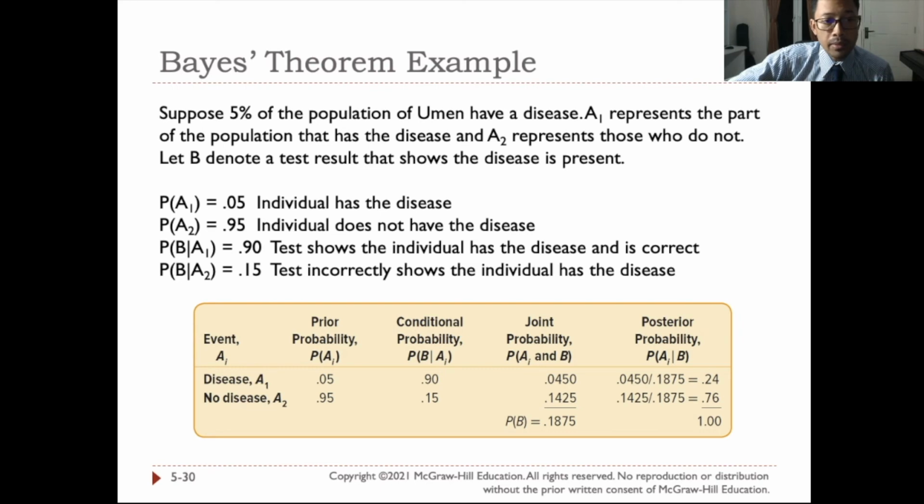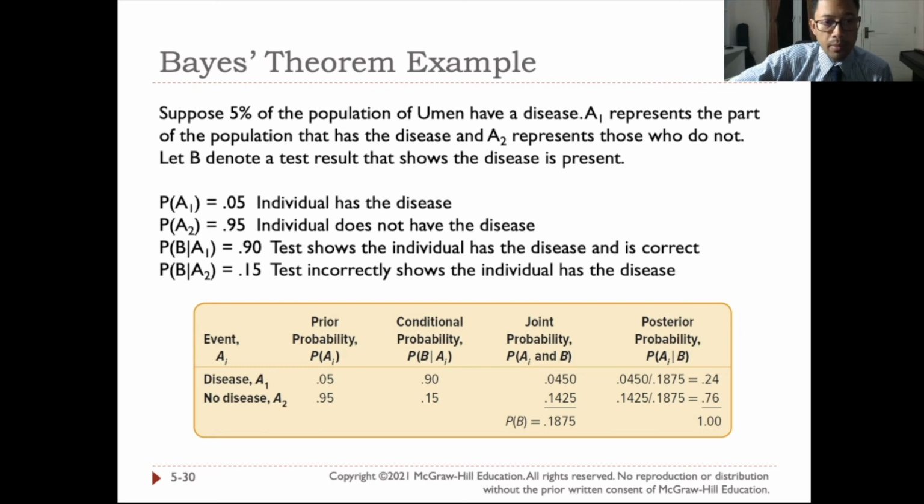And there is a probability of B conditional on A2. It's the probability that the result shows a disease is present, although an individual does not have the disease. So this is basically the probability that the test will be incorrect. Let's take a look at the following diagram. A1 has the disease, A2 does not have the disease.